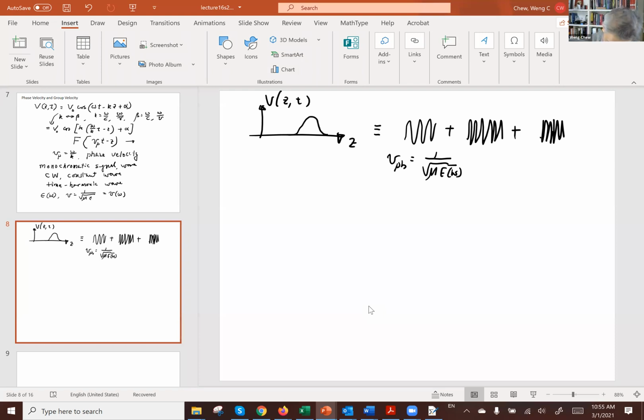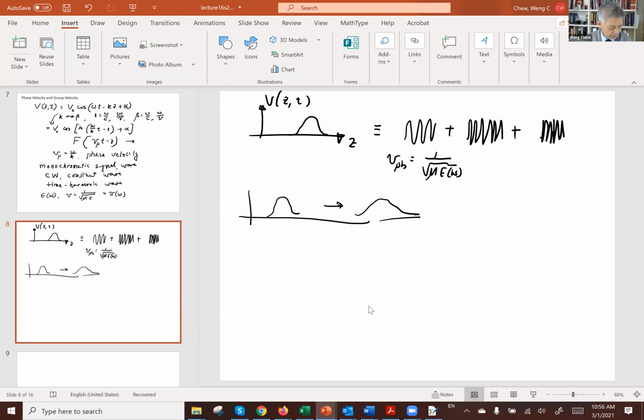So in the beginning, it might look something like this, but after a while, the pulse might get spread out. And because the phase velocities are different for different frequencies, there has to be something called the group velocity, which actually represents the traveling of the envelope of this function.